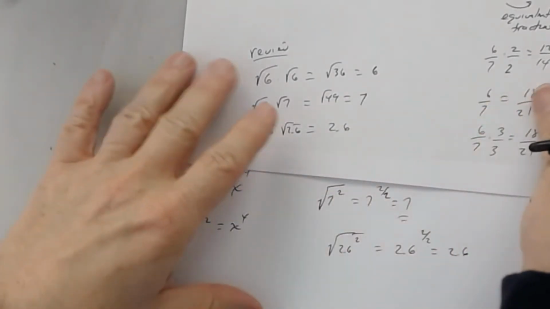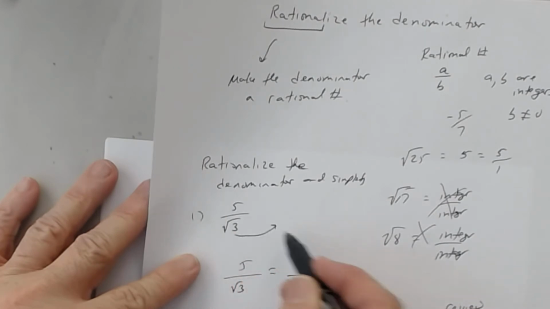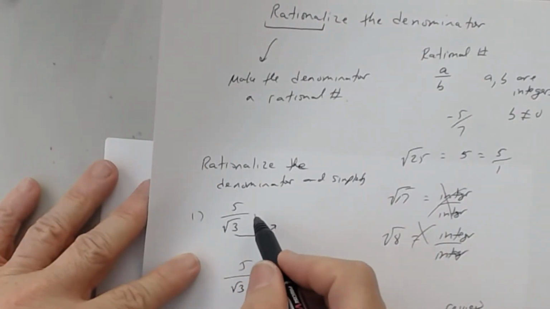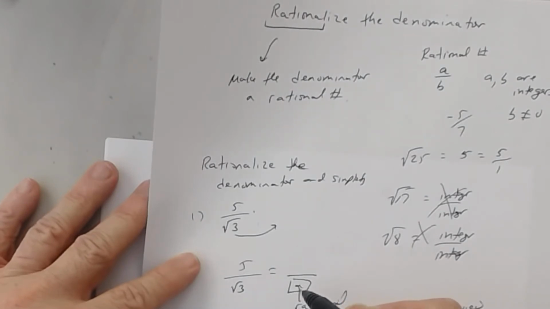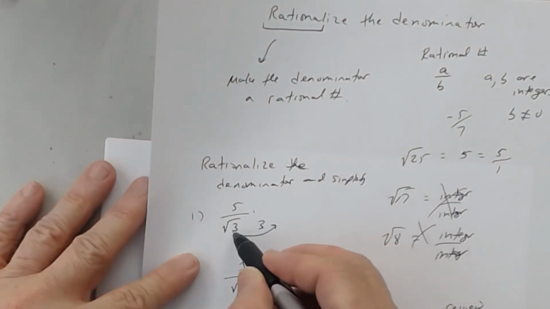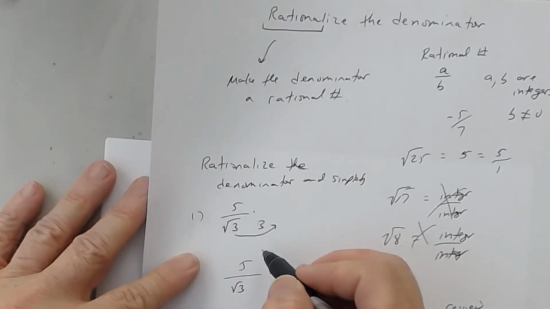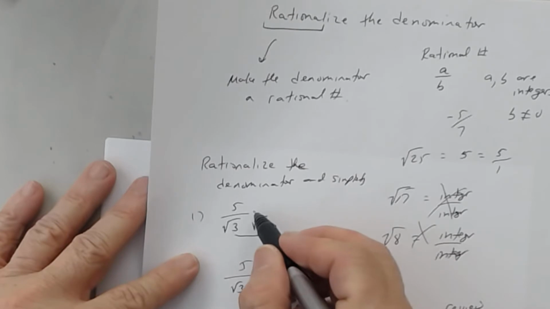Okay. So, when I write an equivalent fraction, when I get to this point right here, what do you think I need to multiply numerator and denominator by to get this to be a rational number? 3. Not 3. Square root of 3. The square root of 3, not 3. Because if you say 3, the square root of 3 times 3 is not 3. It's 3 square root of 3. So the square root of 3.